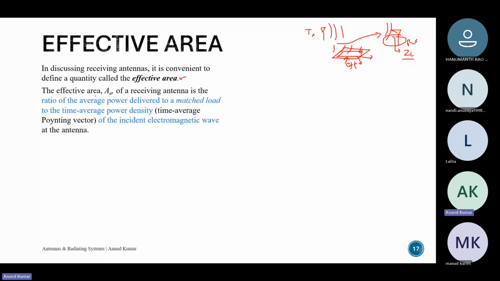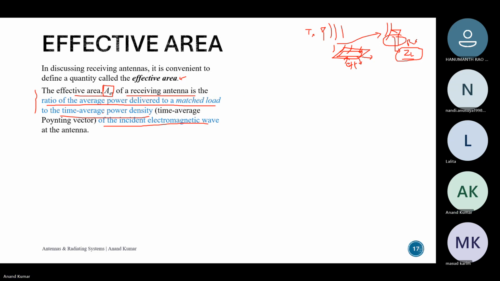So the effective area, here's the definition. The effective area, AE, which we're denoting as AE throughout the discussion. The effective area AE of a receiving antenna is the ratio of the average power delivered to the matched load to the time average power density of the incident electromagnetic wave.